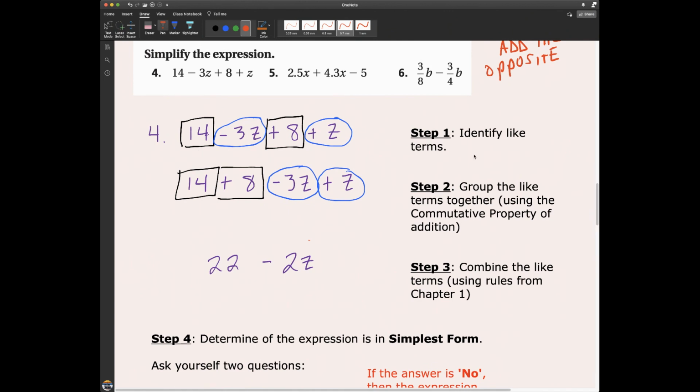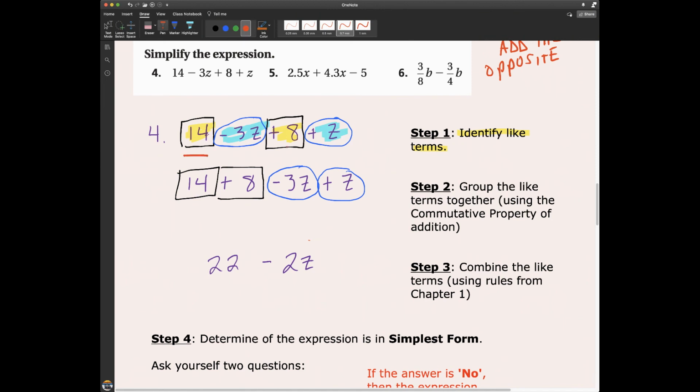I wrote it down, and here are the steps I'd like you to follow. The first step in simplifying an expression is to identify the like terms. And the way I do it, and you may have another way, you could use a highlighter. So here I'm highlighting like terms because I have all these different highlighting colors. Sometimes people like to underline.